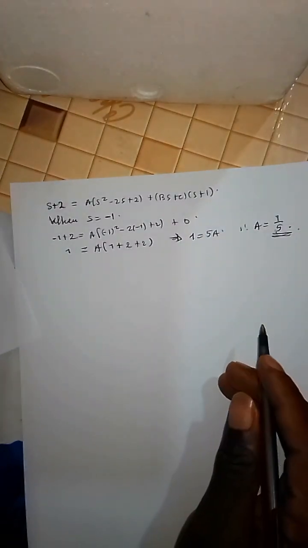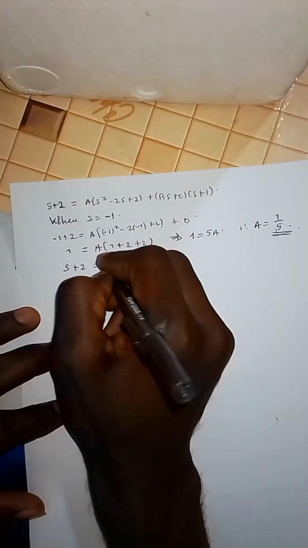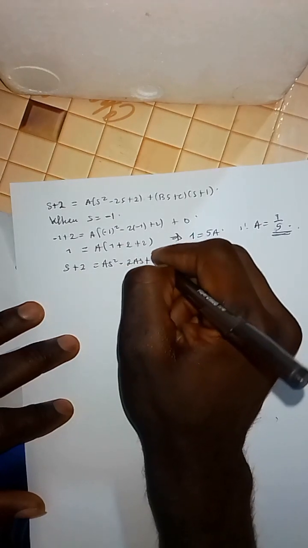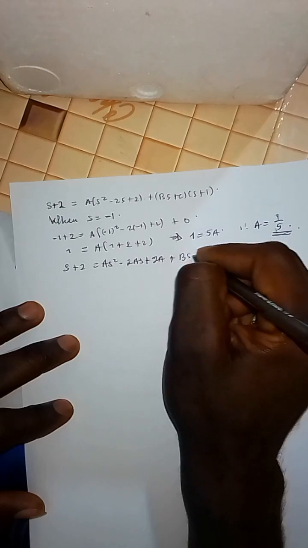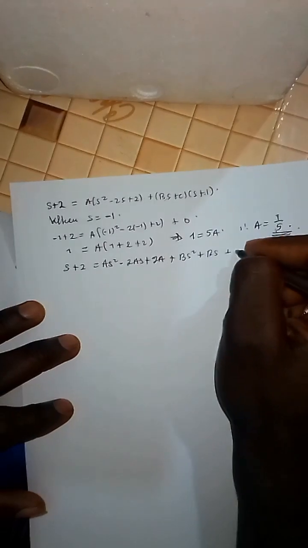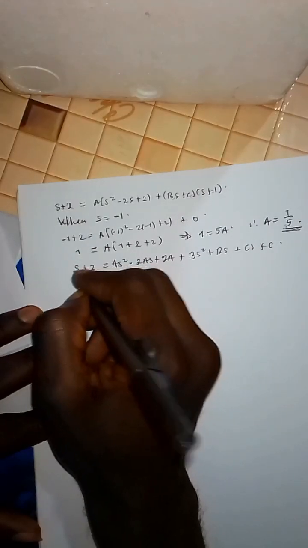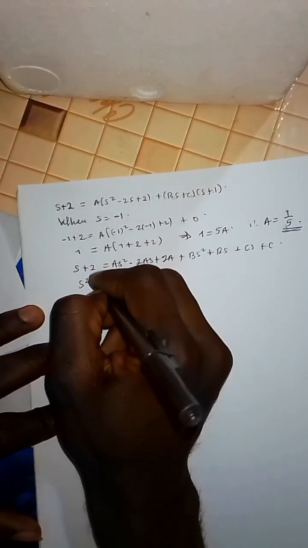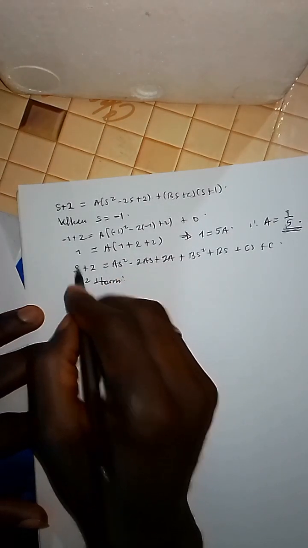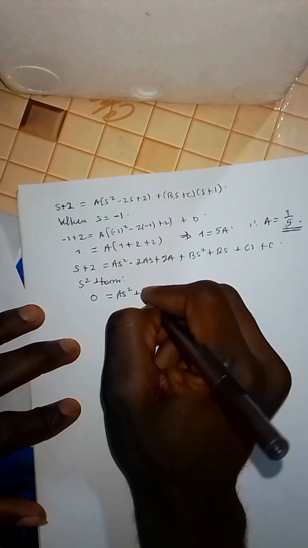Now, we go to this part and expand. So if we expand, we have s + 2 is equal to As² - 2As + 2A plus Bs², that's this times this, plus Bs, that's this times this, plus Cs, this times this, plus C. So if we compare the s² term, there is no s² term on the left hand side, so it therefore means we will have 0 is equal to As² + Bs².